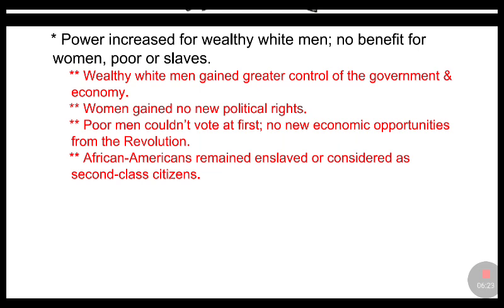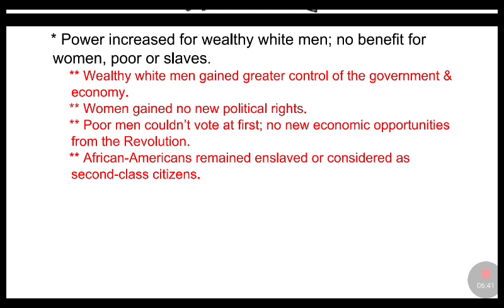Over time, poor men will gain rights, but it will take 80 years before slavery comes to an end and African men, black men, are given rights and the right to vote. And it'll take over 120 years before women are given the right to vote.